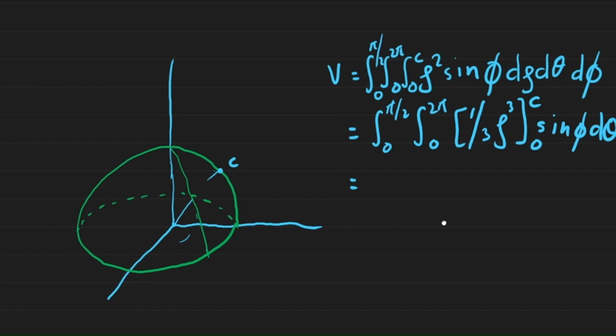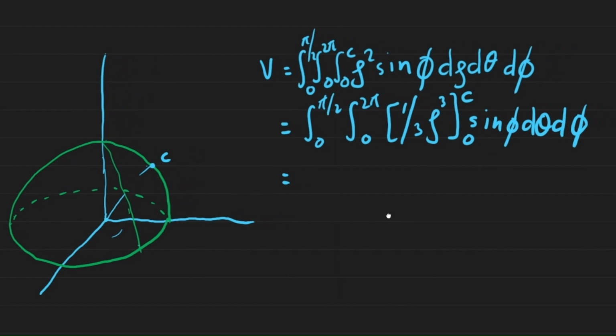I'll just drag the screen across so you can see it. So now we just proceed with our integral as you would normally do. So the integral in theta is just theta, because everything else remains constant. So we have the integral from 0 to pi over 2, and we substitute in c here, and we have 1 over 3 times c cubed.